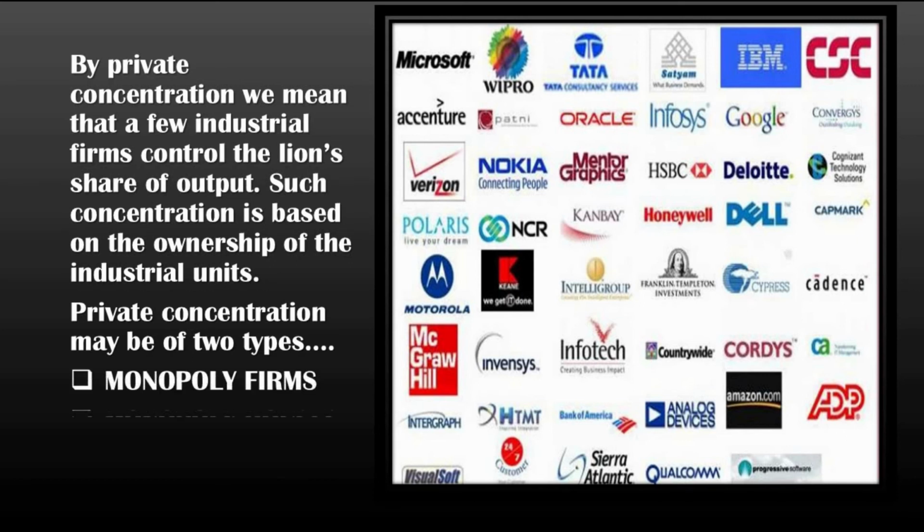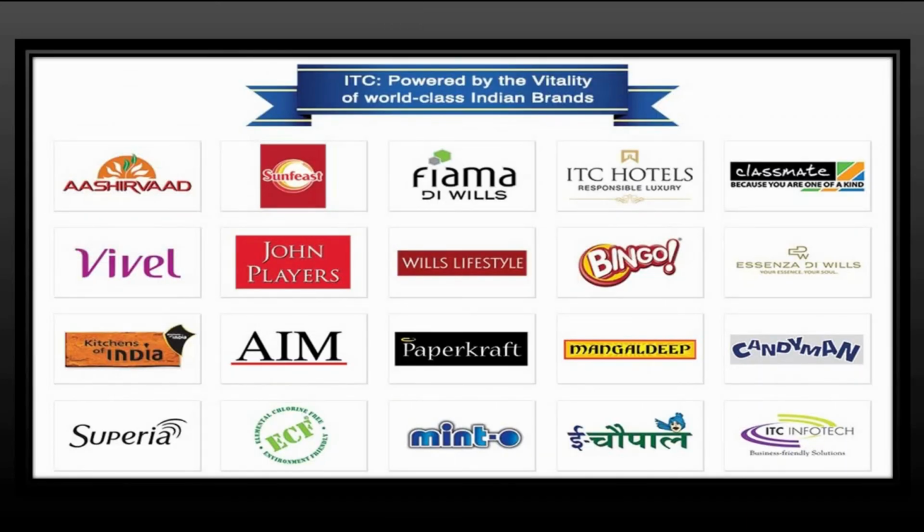Let's see some examples. If we look at the Indian economy, we see some inequality in the distribution of capital in the private corporate sector, such as Vivel, Aashirvaad, Ayush, John Players, Bingo, etc. They are all base companies of ITC.